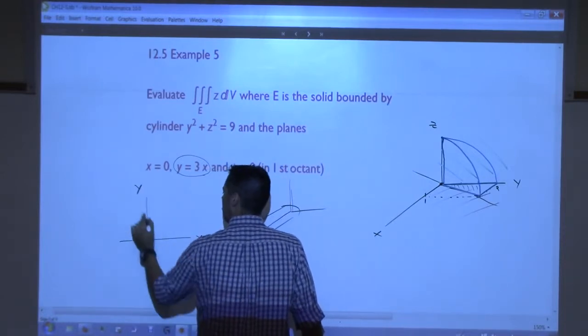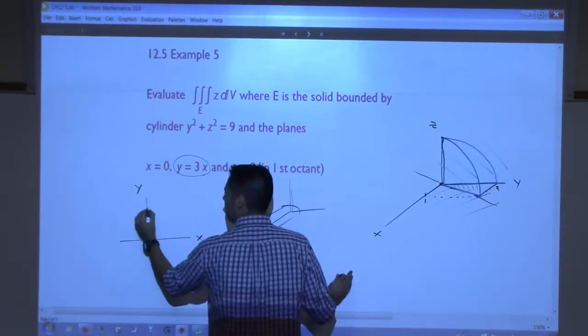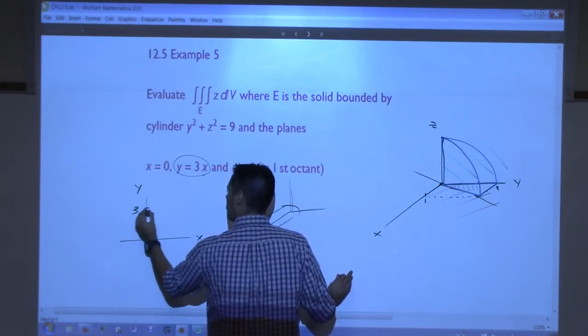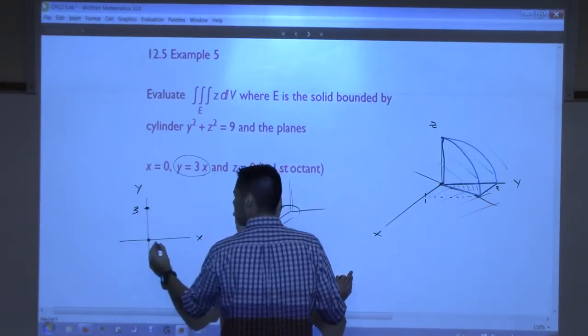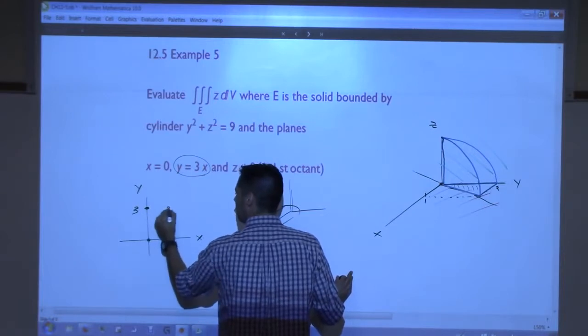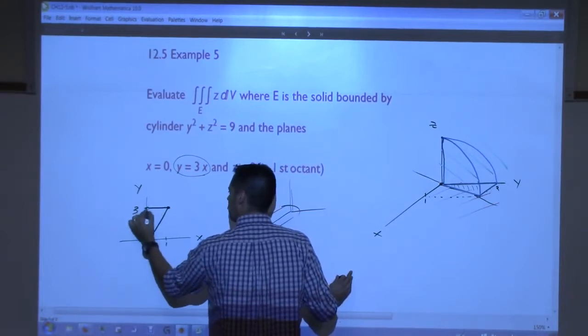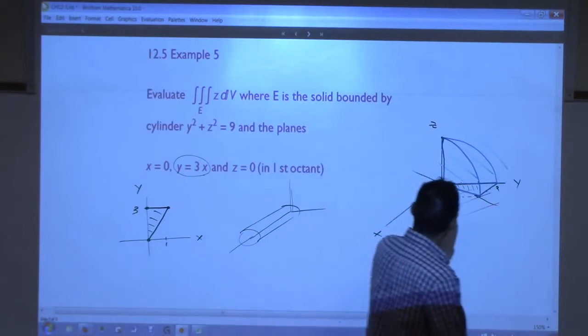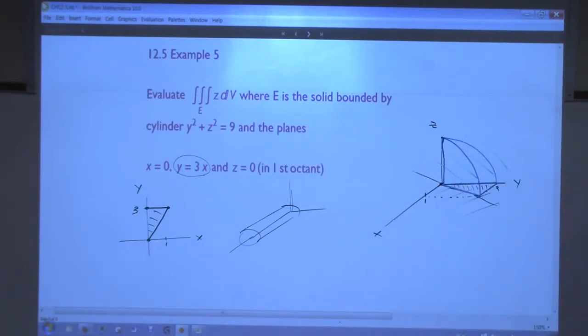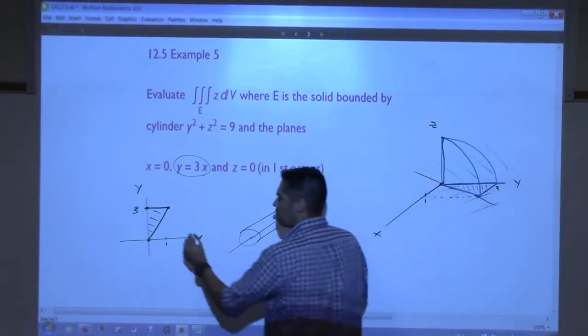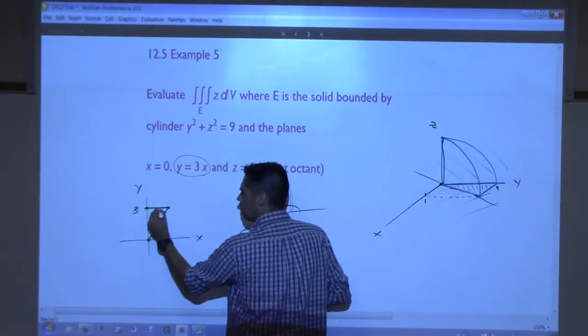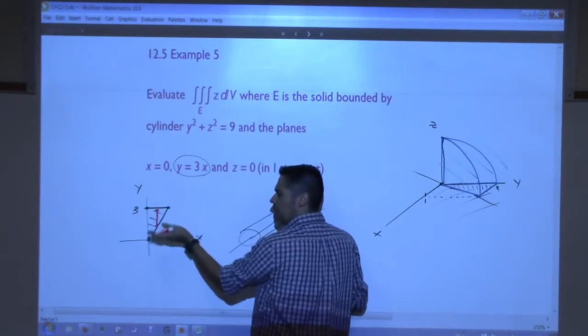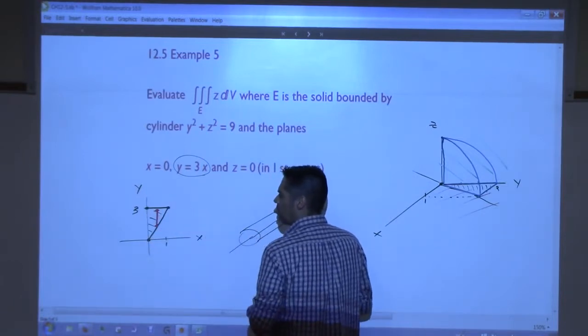X, Y, it goes through 0. It hits up here at 3. And then over 1, up 3, hits this point. So this right here is that piece on the ground, right? That on the ground looks like a type 1 region to me. I like that as a type 1 because if I draw a vertical segment in there, the top and bottom are always the same curves.